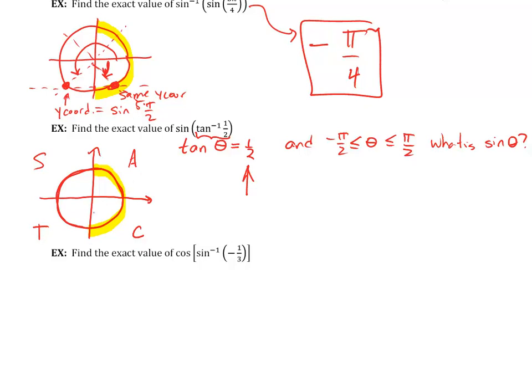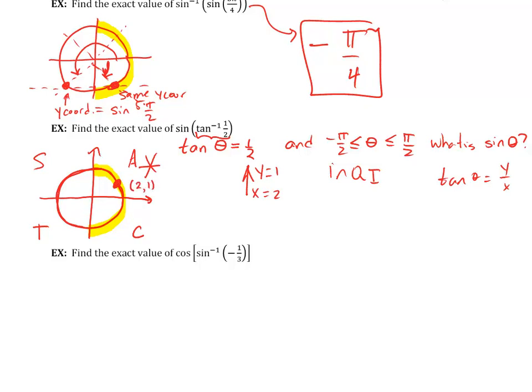But because we know we're in the right half plane, we know we're in quadrant 1. And we know that the tangent is 1/2. Remember that tangent of theta is y over x. So let's let y equal 1 and x equal 2, so the point is 2, 1.